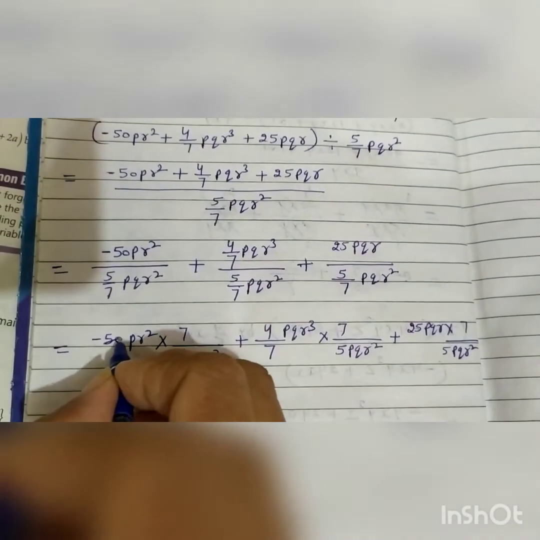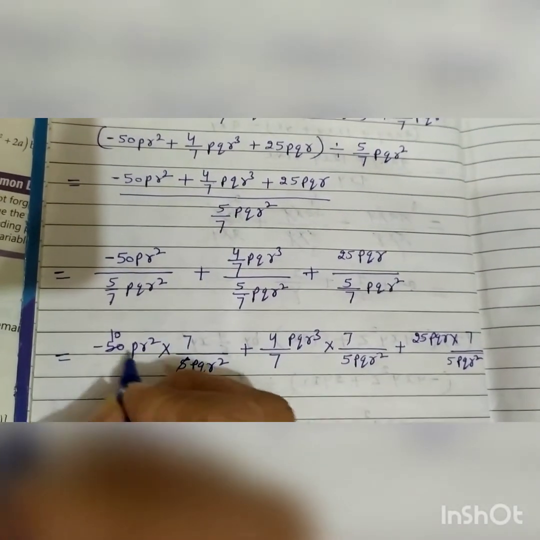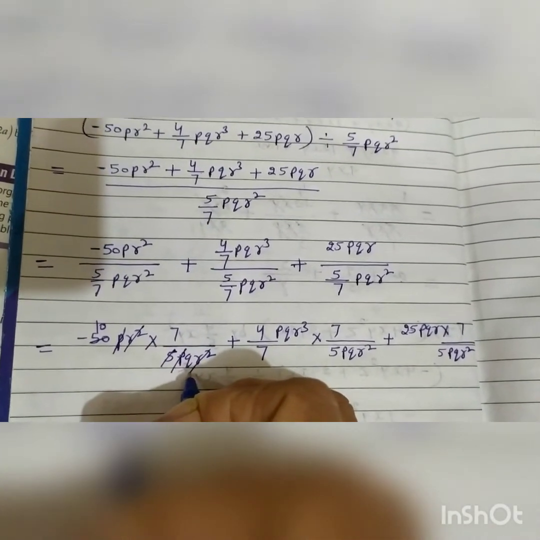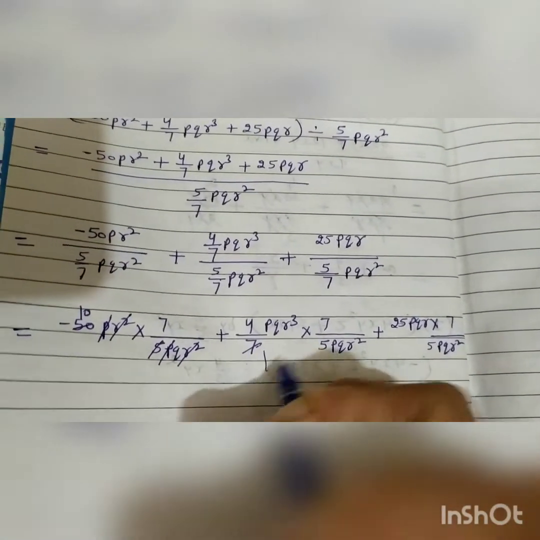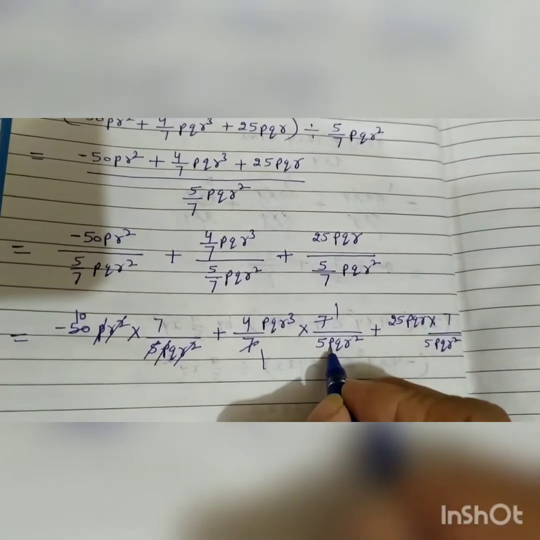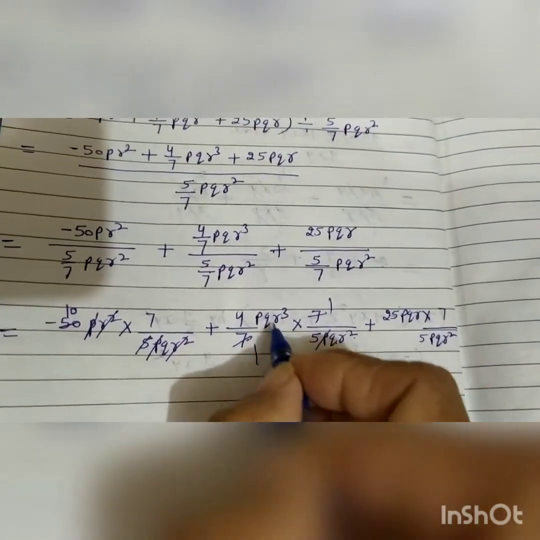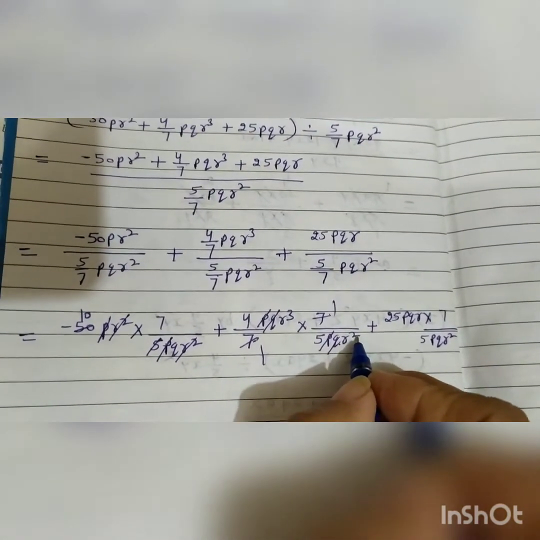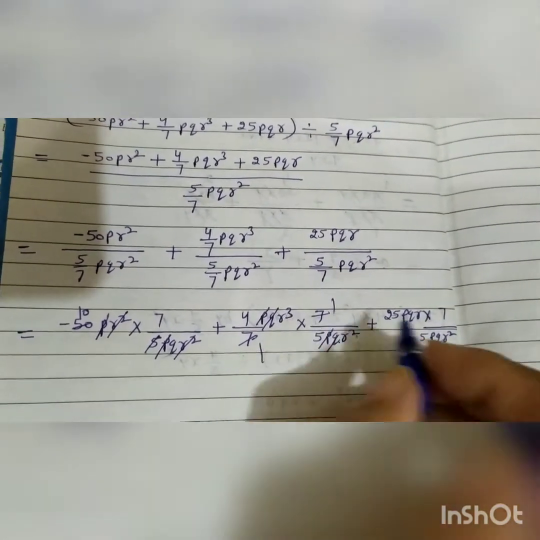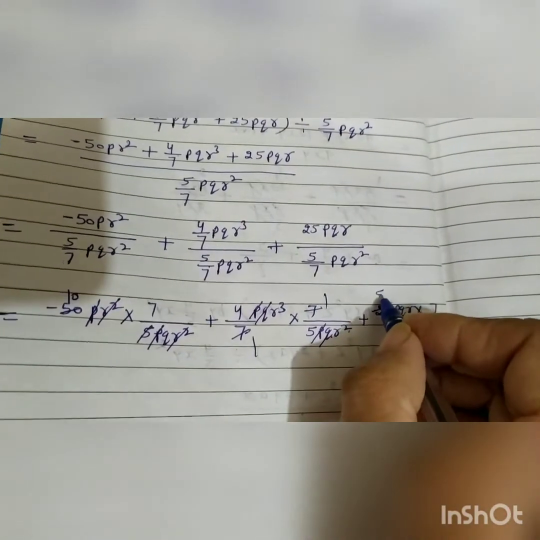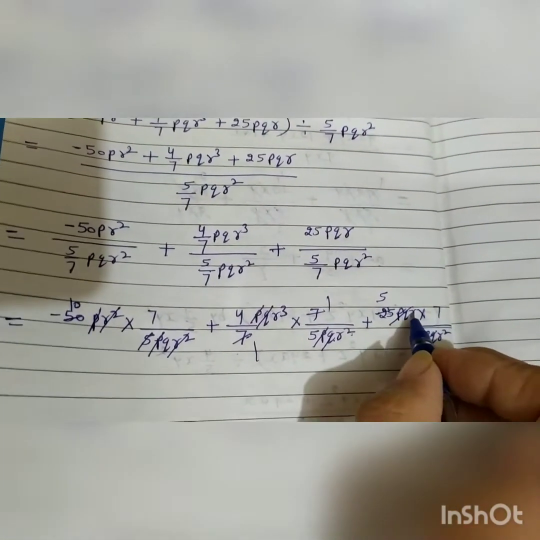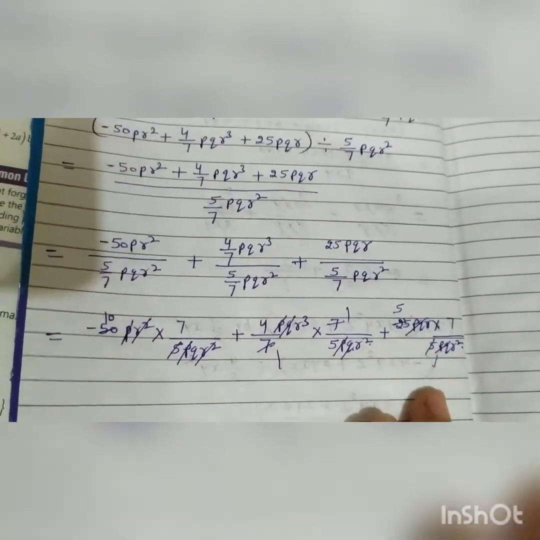Simplified, 5 ones are 5, 5 tens are 50, P cancels, R square cancels. Now 7 ones are 7, 7 ones are 7, PQR square, P cancels, Q cancels. This R square will be subtracted from this 3. Then 5 ones are 5, 5 fives are 25, PQ cancels, and this R will be subtracted here.